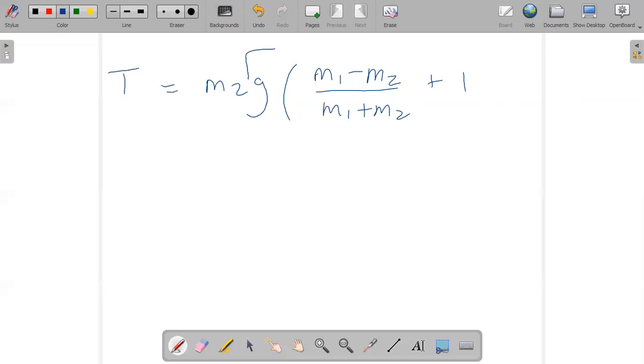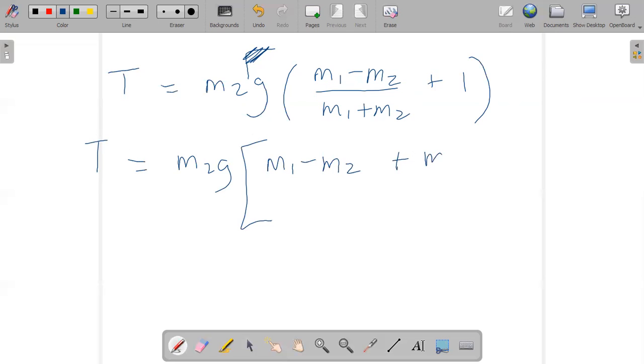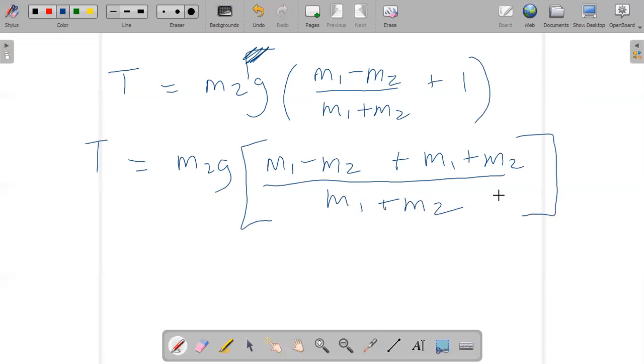I'm good like that. All right, now I'm going to get a common denominator. T equals M2G times M1 minus M2 plus M1 plus M2 over M1 plus M2.